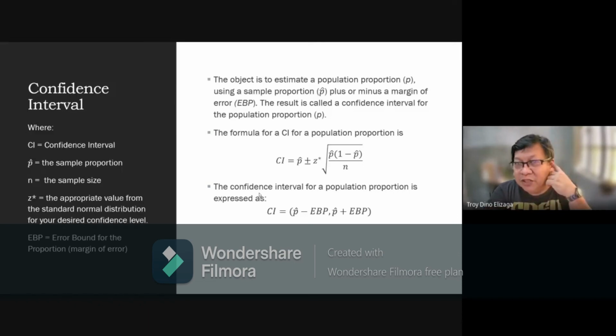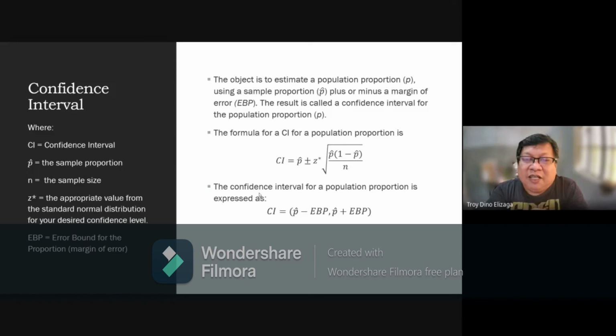Plus or minus a margin of error. This time it's EBP. It stands for error bound for the population proportion, so not for the mean. The result is called a confidence interval for the population proportion. And the formula is p hat plus and minus the z value times the square root of the product of p hat times 1 minus p hat all over n.